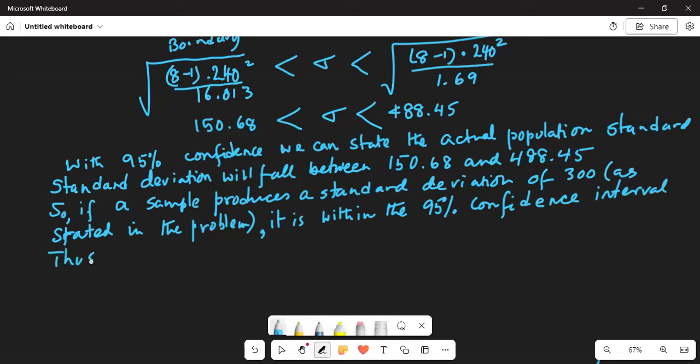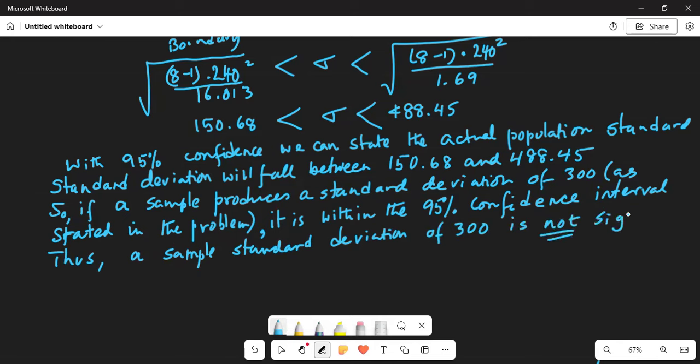Thus, a sample standard deviation of 300 is not significant at the 0.05 level of significance. What does it mean?